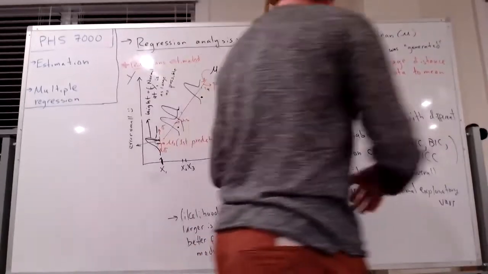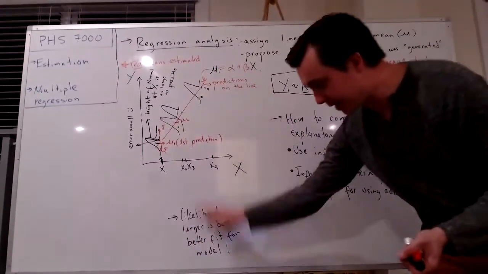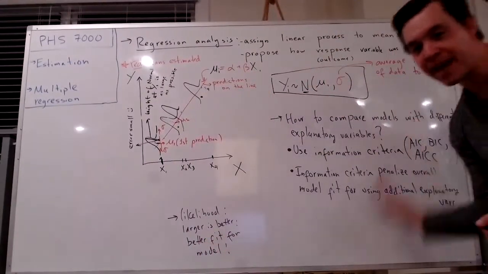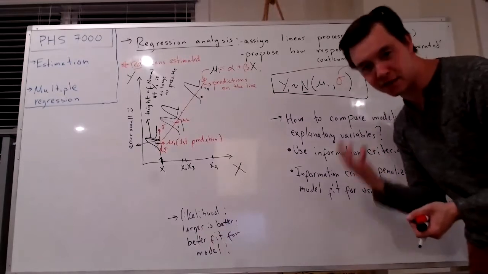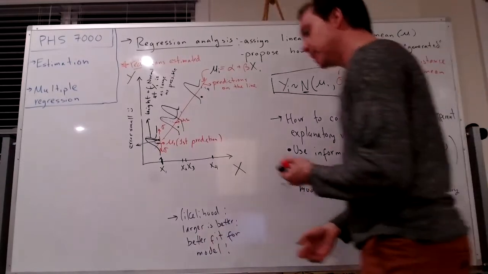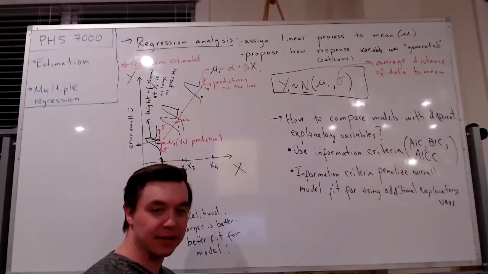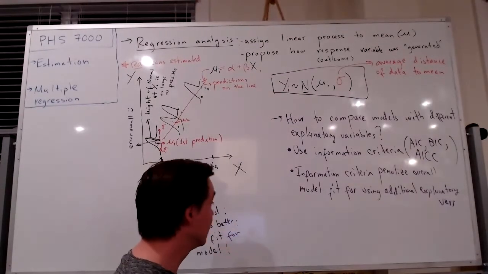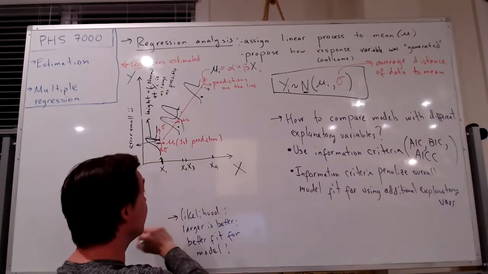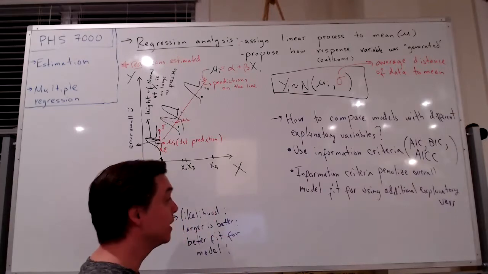So the information criteria takes the likelihood and assigns a penalty based on how many things we had to estimate. A very detailed dissection is outside the scope of this class, but it is very much dependent on the likelihood of the model.